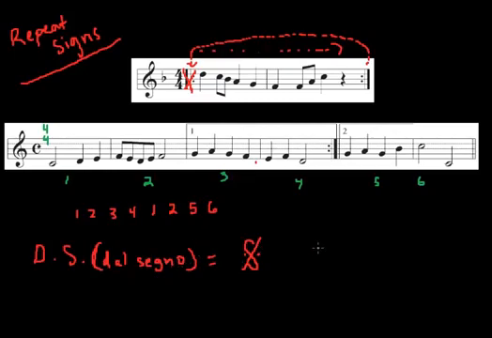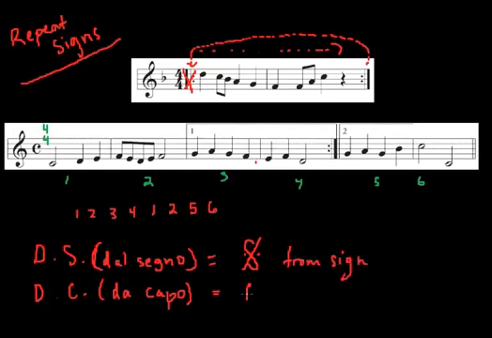So when you see this in the musical piece, you'll use these two letters and it'll indicate from the sign you can repeat. The other means are these two letters, D and C, and that means da capo, which literally means from the head. And you'll use this when repetition is intended from the beginning of the musical piece. Okay, so from the sign and from beginning.